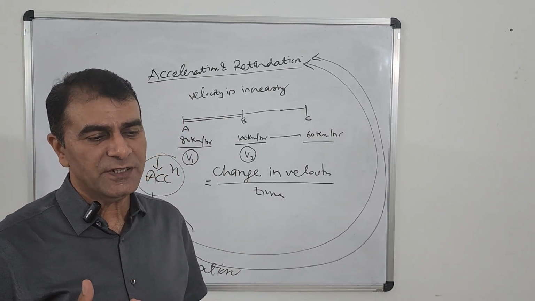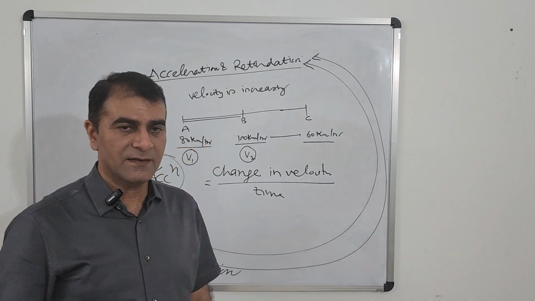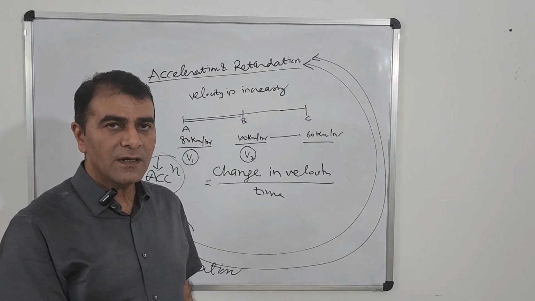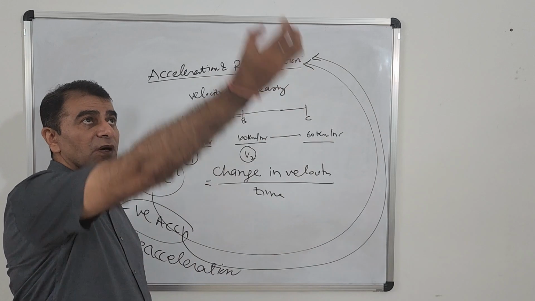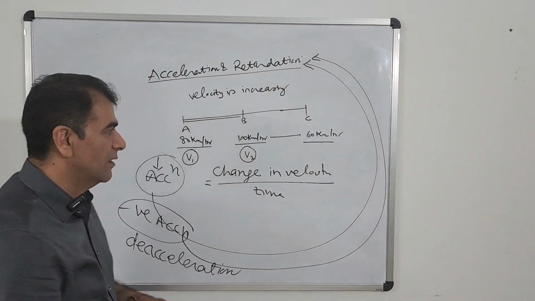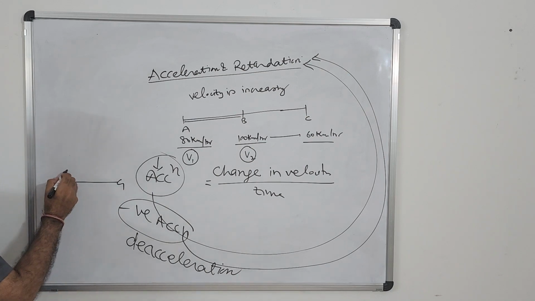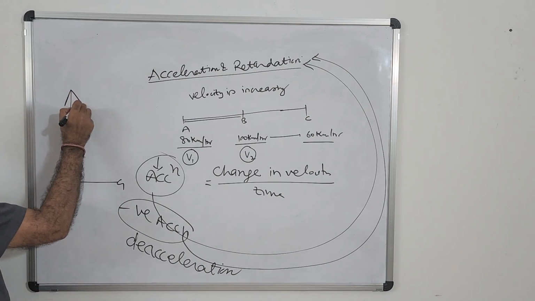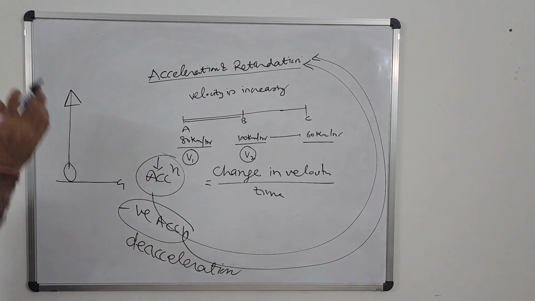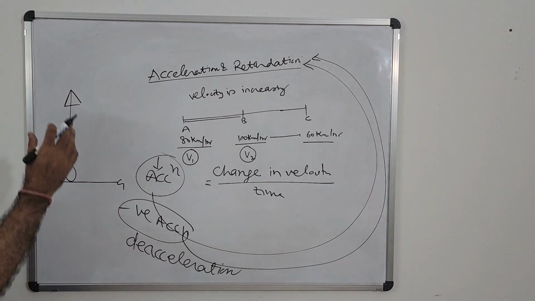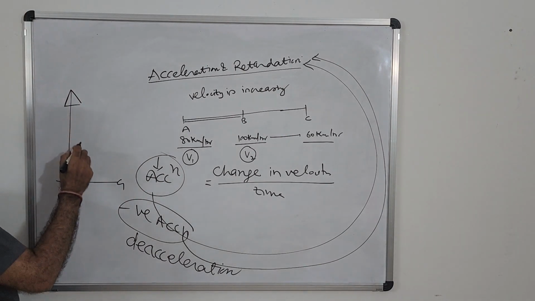So there are two positions. I'm standing here, like this. I take a ball and I throw this ball upwards. Okay, so this is the ground where I'm standing in this room. This is the ball which I have sent in the upward direction. I just threw it away, right? Okay, in the upward direction.